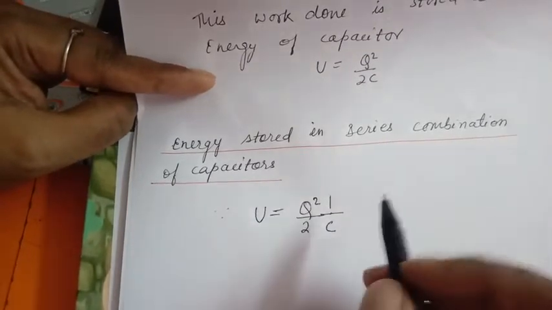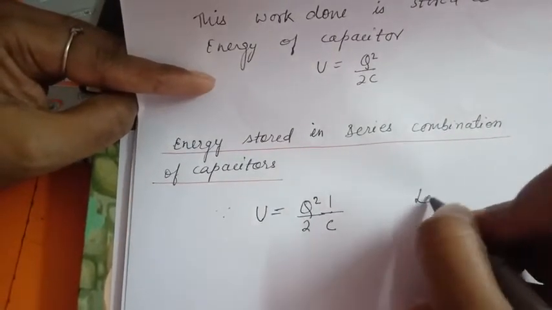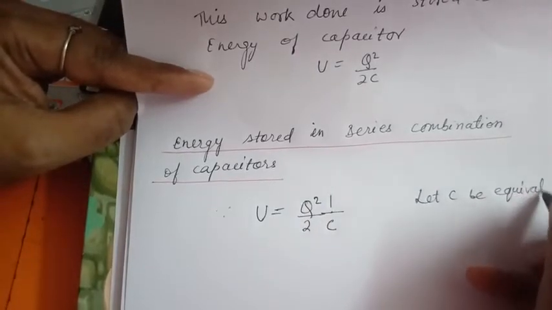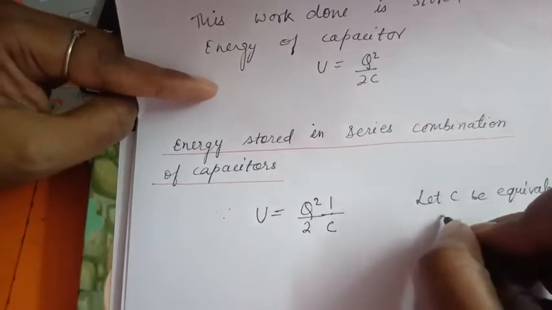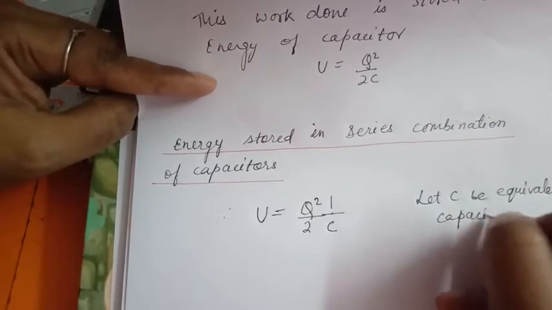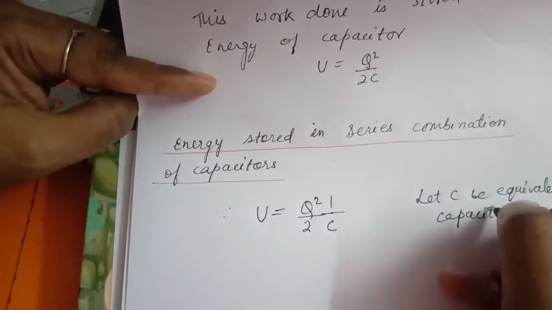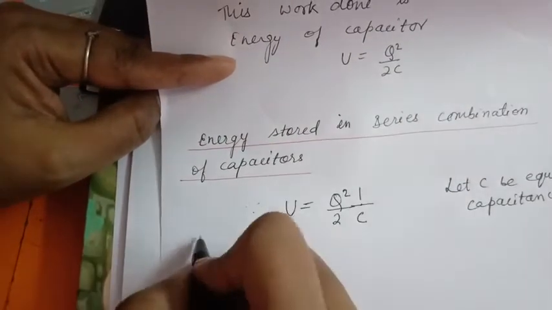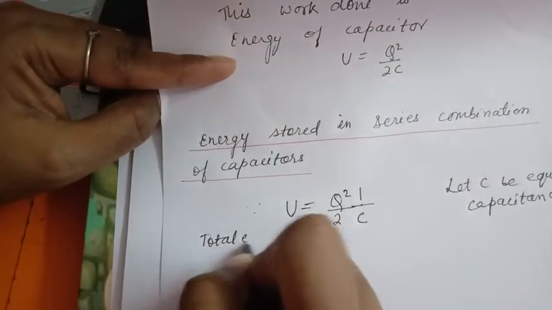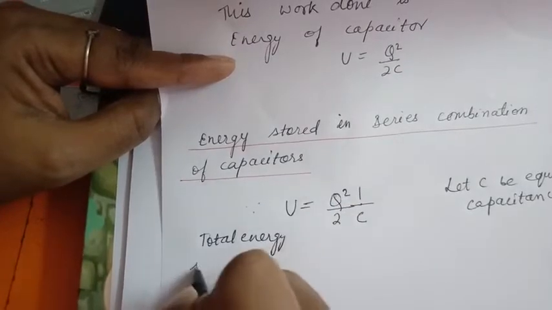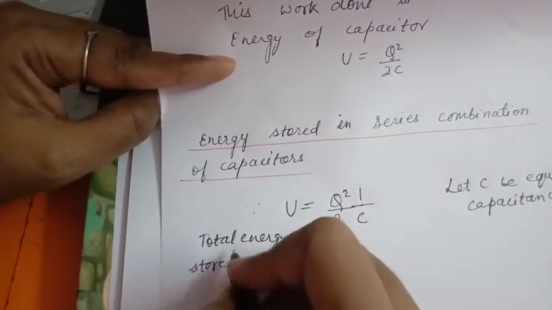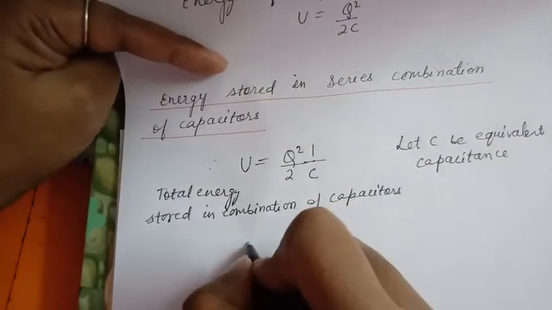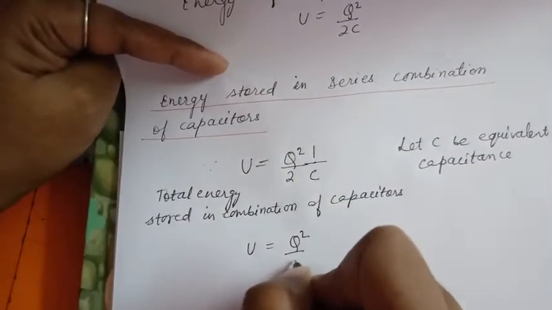Suppose C is the equivalent capacitance, the value of capacitance after the combination, and U is the total energy stored in the combination of capacitors. So we can write U is equal to Q square upon 2.